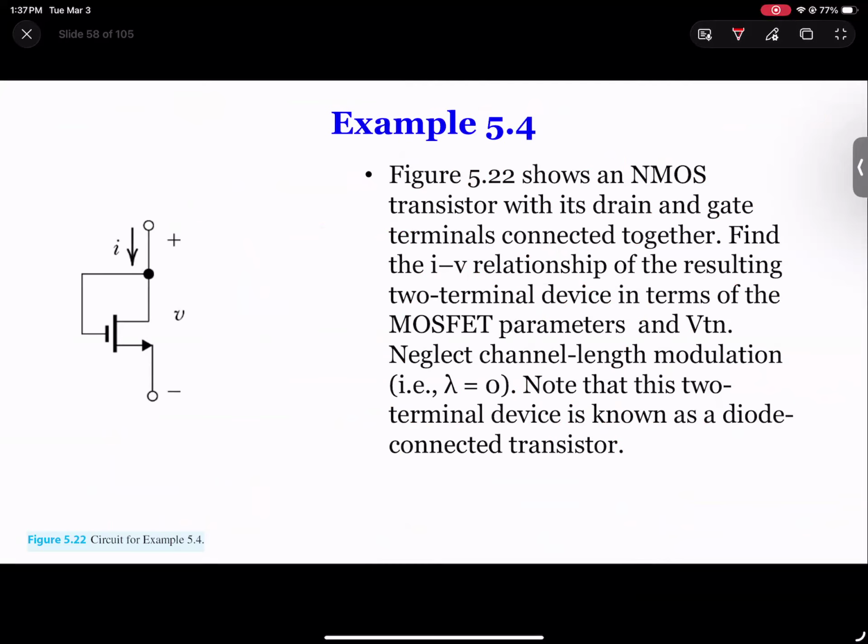Okay, so this example, and this is a MOS. And if you look at the MOS, what happened to the D and S?